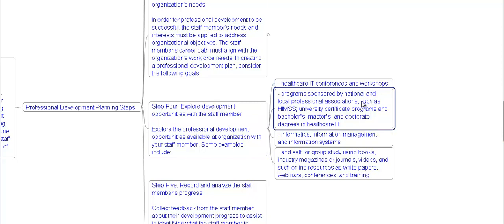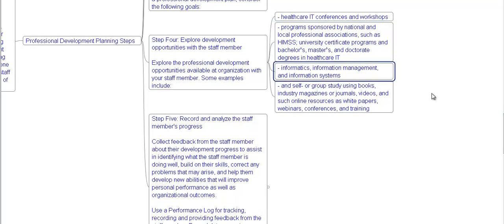Programs sponsored by national and local professional associations such as CAHIMS, university certificate programs, and bachelor's, master's, and doctorate degrees in healthcare IT, informatics, information management, and information systems. And self or group study using books, industry magazines or journals, videos, and such online resources as white papers, webinars, conferences, and training.